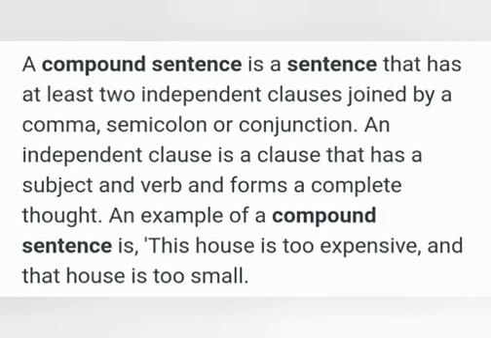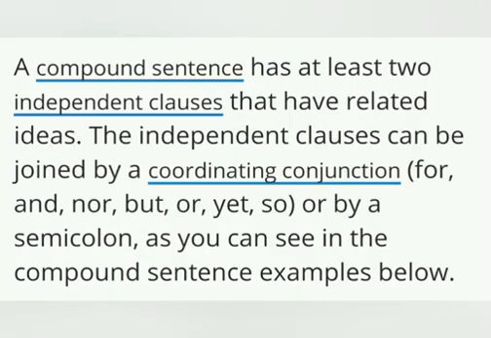Let's try to understand it in more detail. A compound sentence has at least two independent clauses that have related ideas. Children, two sentences that have related ideas can get connected. The independent clauses can be joined by coordinating conjunctions.